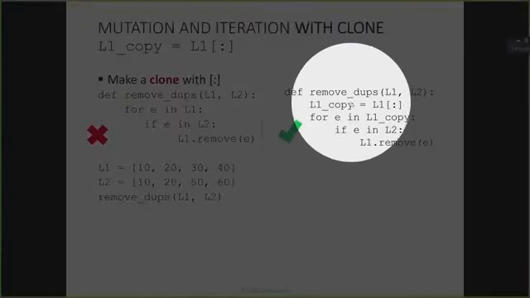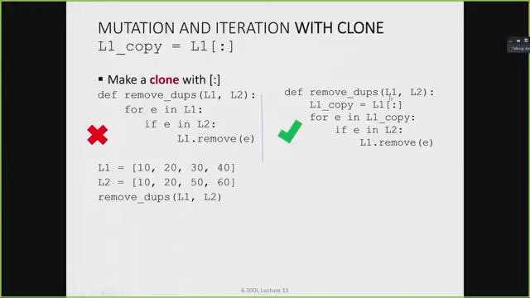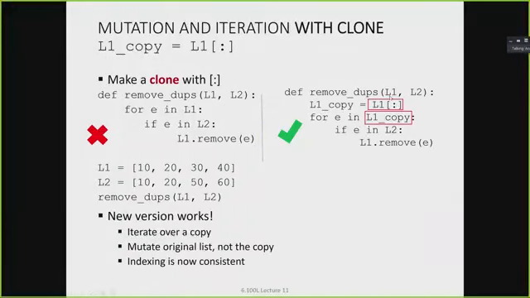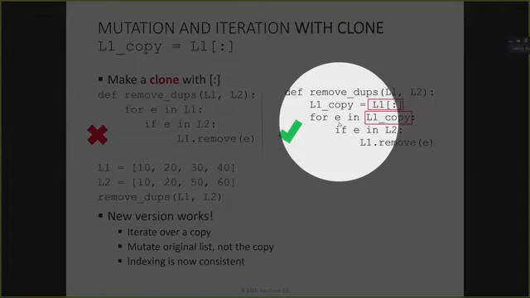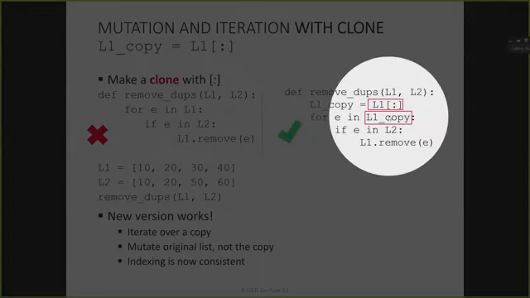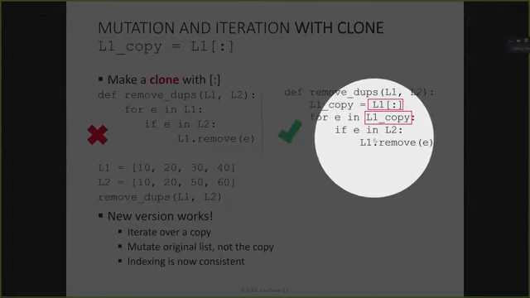So here I've got L1 copy equals L1 square bracket colon. And then the key thing here is we're iterating over the copy, right? So if we iterate over the copy, we're not going to mutate the copy, but we will mutate L1. So for the for loop, the variable goes over the copy, but the removal is done from L1.